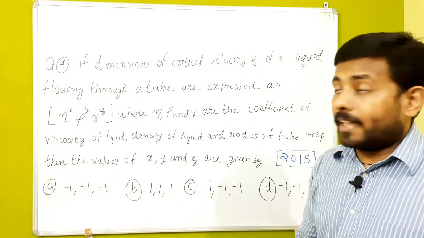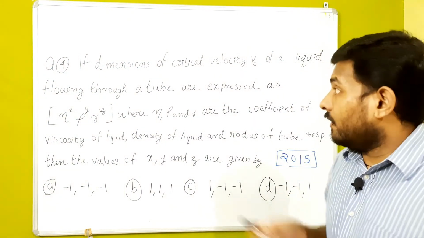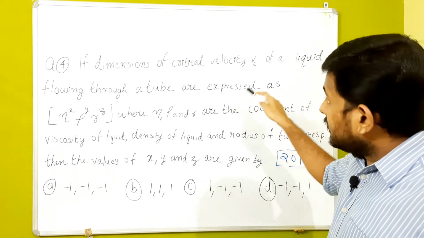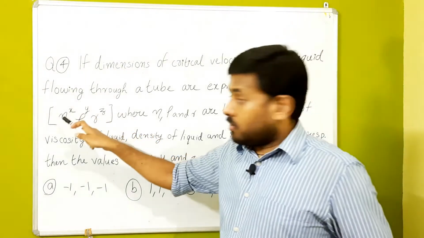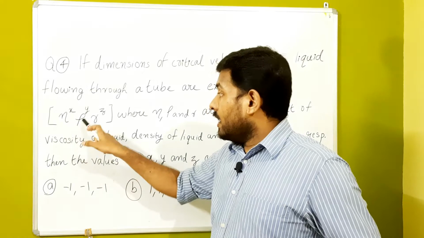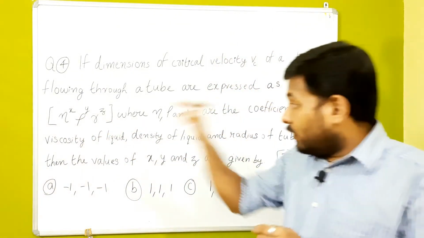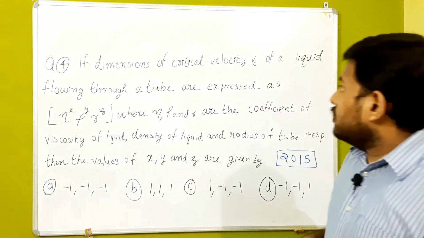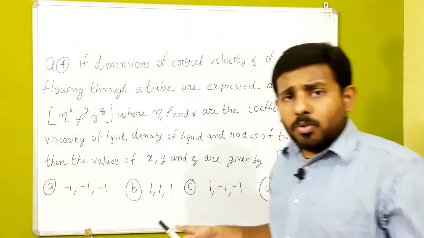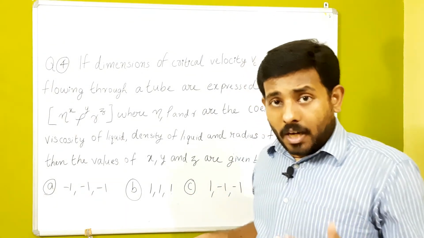So we have to find an equation for critical velocity, and this involves terms such as the coefficient of viscosity of the liquid, the density of the liquid, and the radius of the tube through which the liquid flows. This question is similar to the previous question we have done.